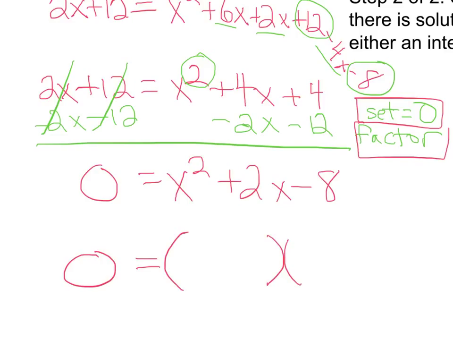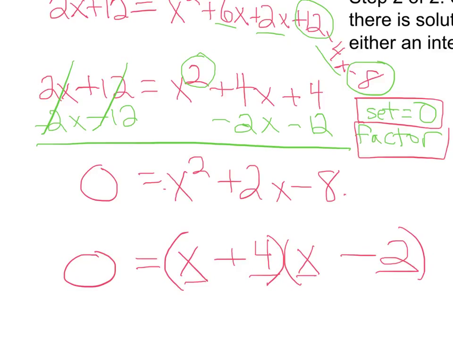Trinomials are going to factor into 2 parentheses. The first 2 things have to multiply to be x squared. That's usually pretty simple. Then we're looking for 2 factors of negative 8 that add to be 2. Four and 2 could add to be 2, and we want the 4 to be positive.